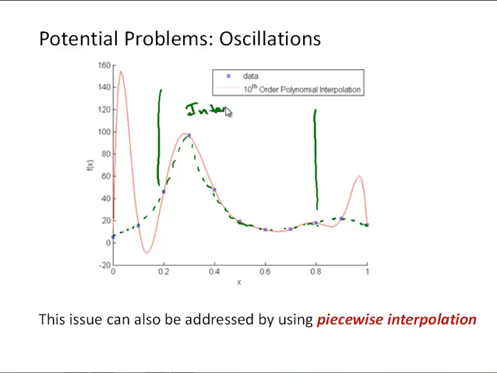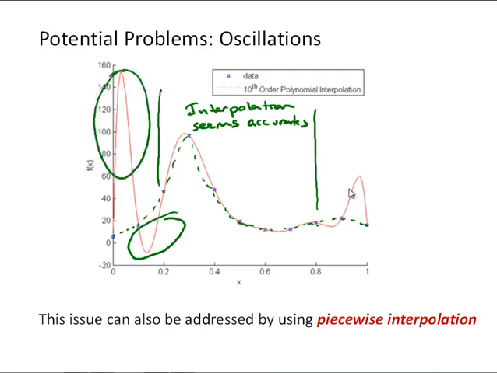It seems to pretty accurately follow the data. But you see this 10th order polynomial drifts wildly outside the range of the data at these first 2 points and at the last point here. We call these oscillations.